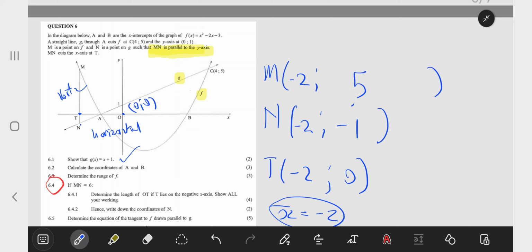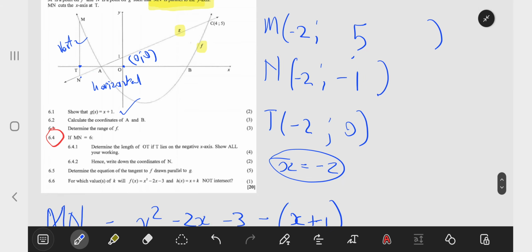So now our coordinates here, but remember that here they say determine the length of OT, that lies in the negative x-axis. So length OT is a horizontal length or horizontal distance. So we subtract the x's.